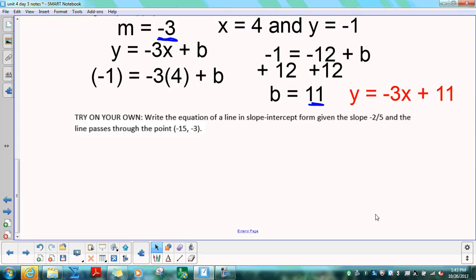So write that out, and try to write it in slope-intercept form. We will go over this next class, okay, to see if you're correct, and to clear up any issues you might be having with it. Like, you're not sure why we don't put in the number for x and y or whatever. There is a reason, okay? So, give it a try, and we'll come back to it in class, okay?